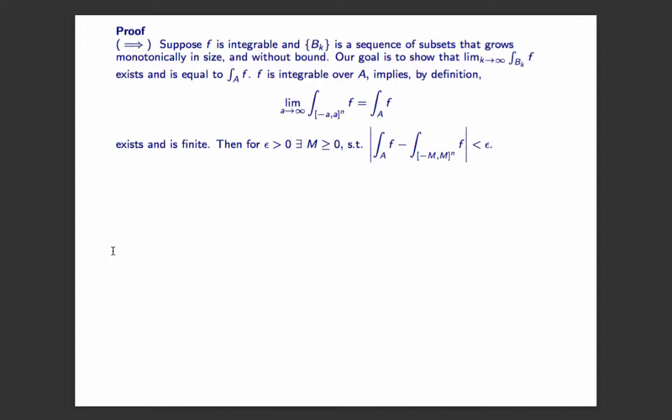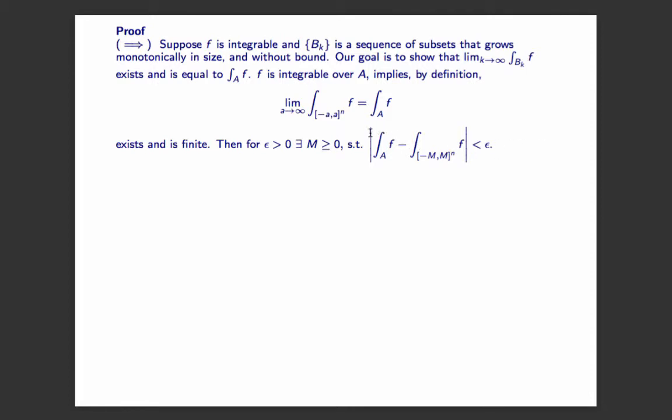And in fact, if I were to take a larger than m, I would still get the same less than epsilon result. But we just need one cube, so we'll use this one, which we're guaranteed to exist by the definition of what it means to have a limit as a goes to infinity.